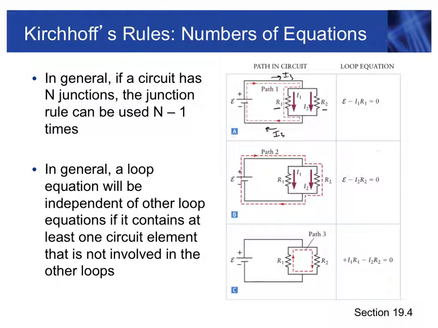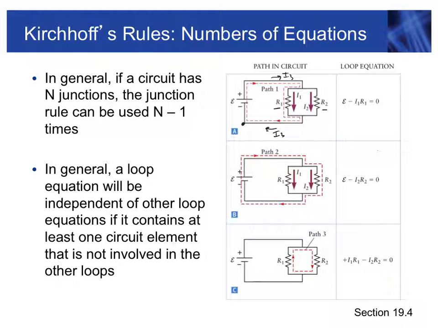We can have here three different paths. Path number 1 in the picture goes through resistor 1. Path number 2 goes through resistor 2. And path number 3 goes in this little loop. So we have three equations. How do we construct those equations? Let's start from this point and go around the loop. I see the battery connected minus to plus.